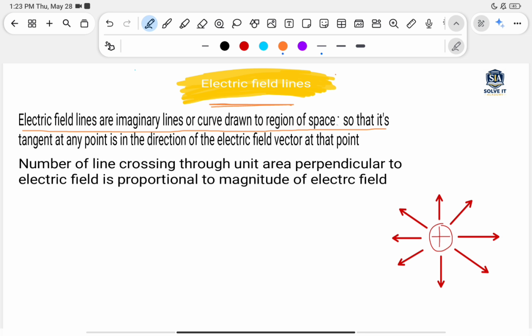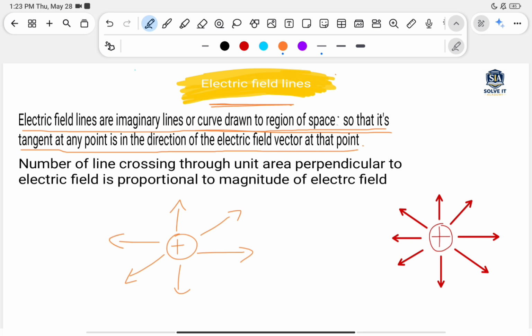Electric field lines are imaginary lines or curves drawn in a region of space so that the tangent at any point is in the direction of the electric field vector at that point. See, in this electric field, it is a positive charge and the electric field lines are represented like this. They represent the direction of the electric field at that point.